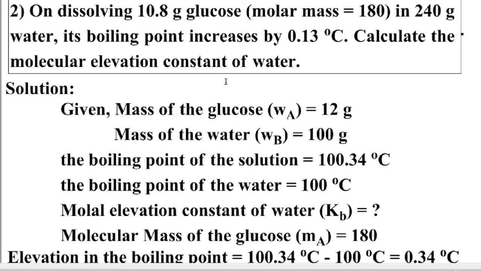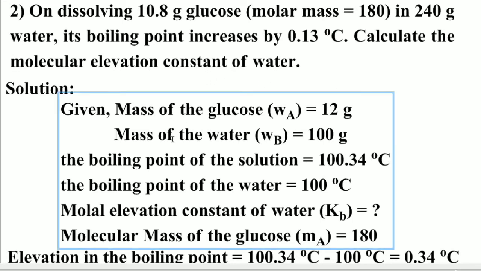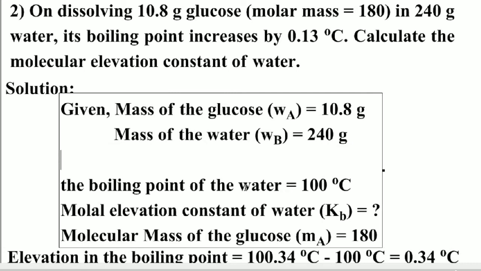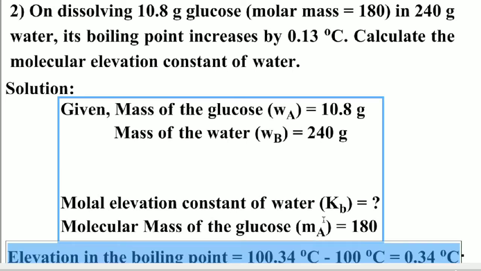Calculate the molecular elevation constant of water. Now we can write, given mass of the glucose WA is 10.8 grams and mass of the water is 240 grams. So students, in this problem, the elevation in the boiling point is given.